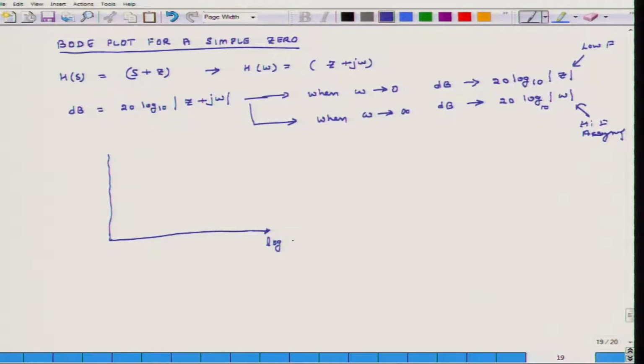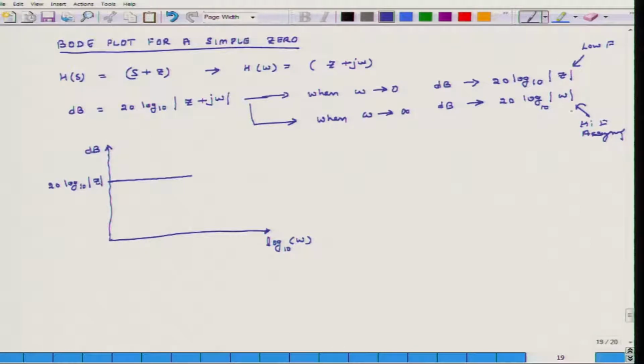On the x axis I plot log of omega to the base 10, and on the y axis I have my low frequency asymptote, which is a straight line and its value, in decibels, is 20 log 10 of z.